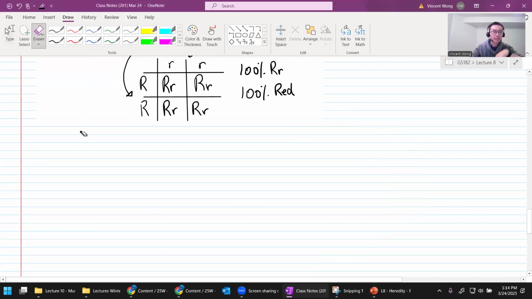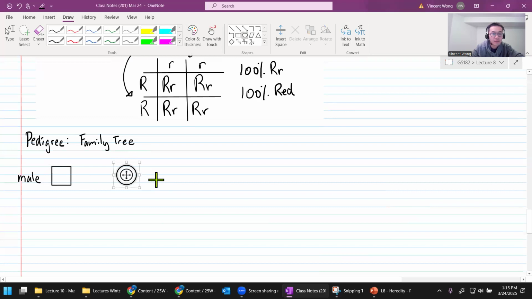Okay, so pedigree. Pedigree is a family tree, basically. It can get pretty complicated, but I'll just give you the basics. Square is male. Circle is female.